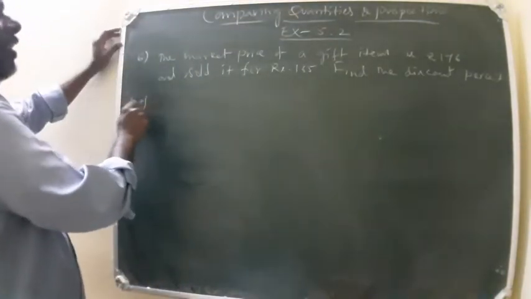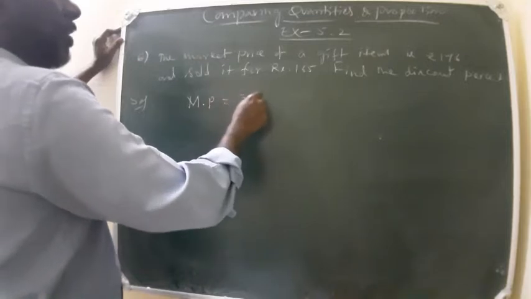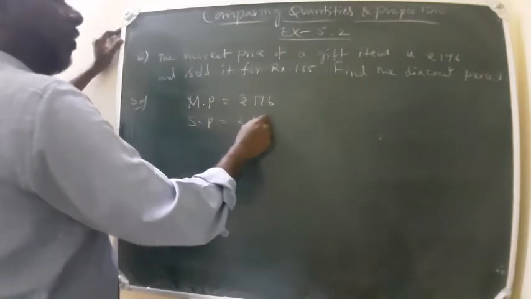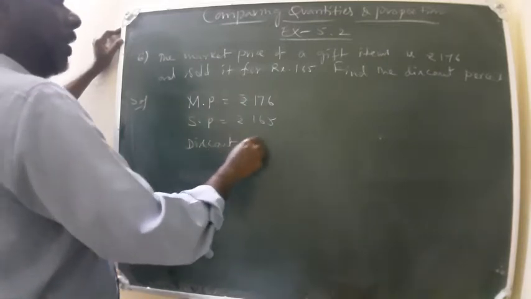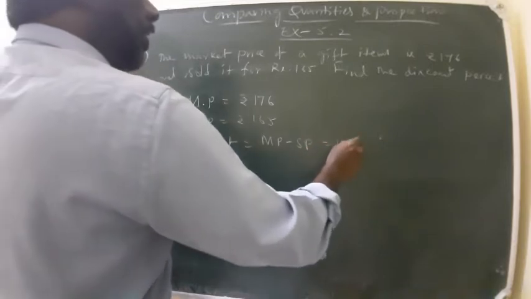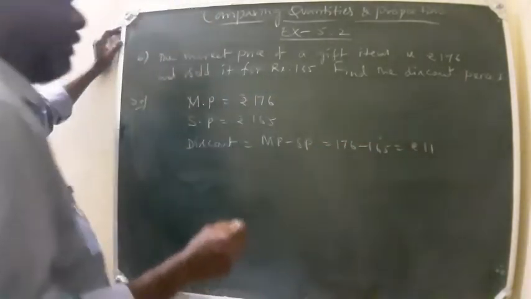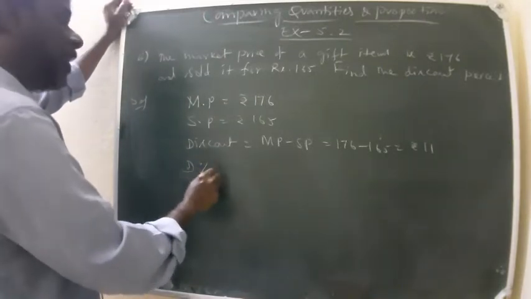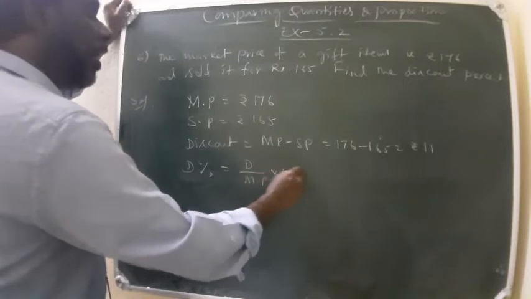Here, first of all, market price of the gift is rupees 176. Selling price is rupees 165. So discount equals MP minus SP, that is 176 minus 165, so rupees 11. So 11 rupees is the discount. So discount percent formula, discount by market price into 100.